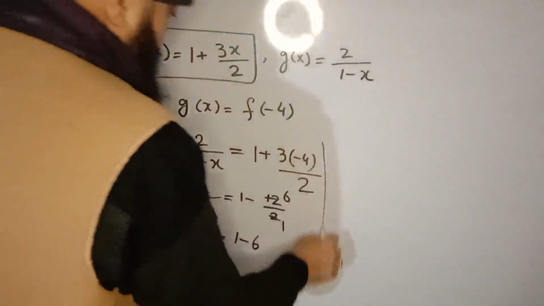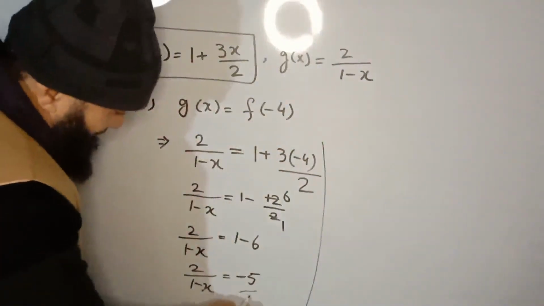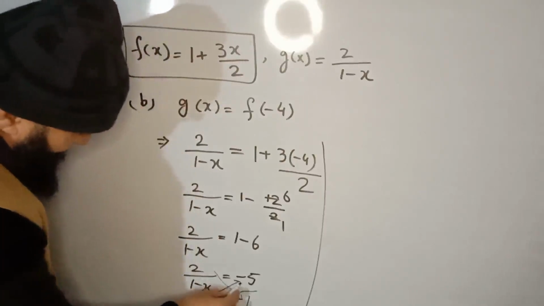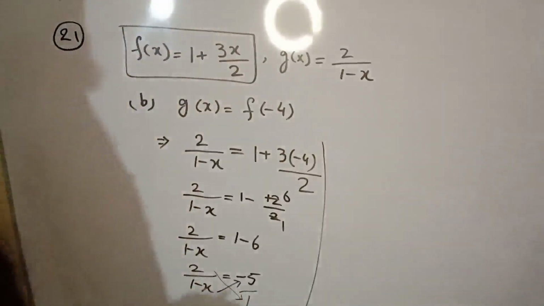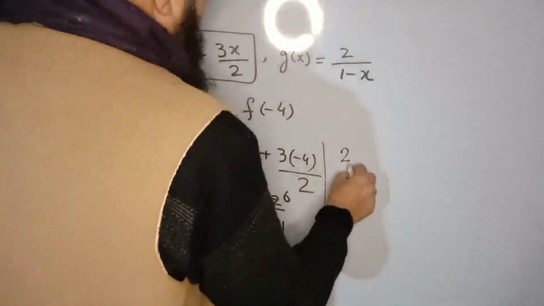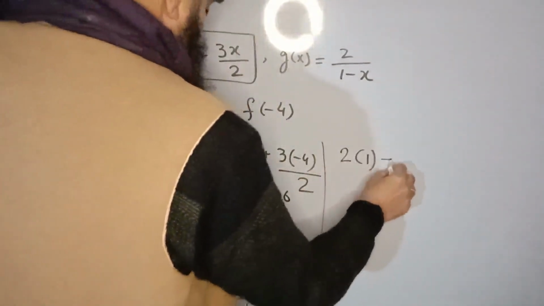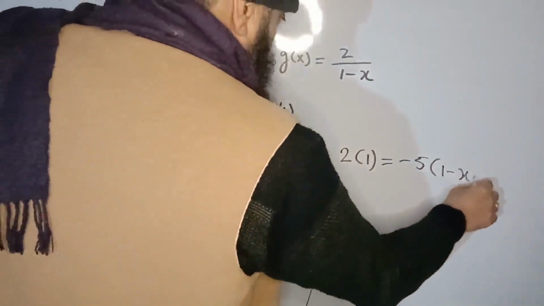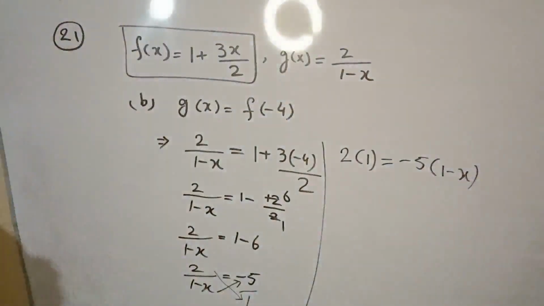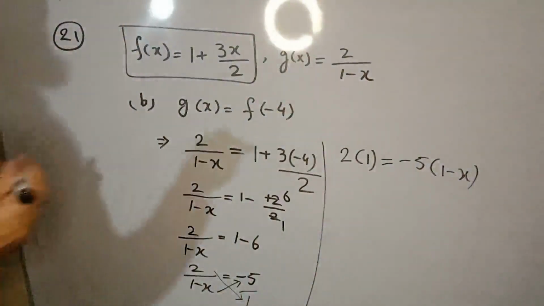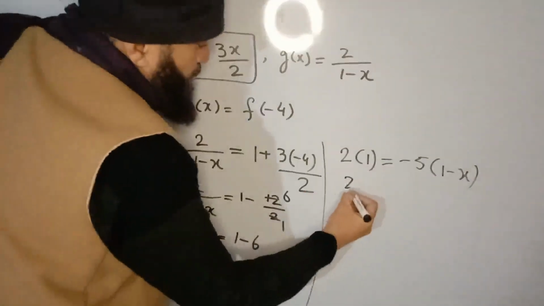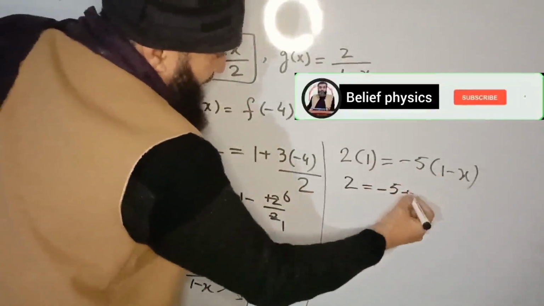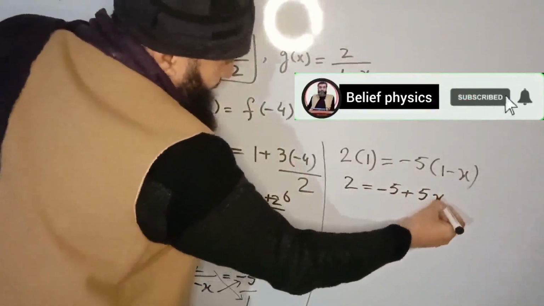Now we have to solve it, simplify it. This is actually minus 5 over 1. So we cross multiply it. 1 is multiplied with 2, and this 1 minus x is with minus 5. So we get 2 into 1 is equal to minus 5 into 1 minus x. 2 1s are 2, and this will be minus 5, and minus times minus is plus, so it will become plus 5x.